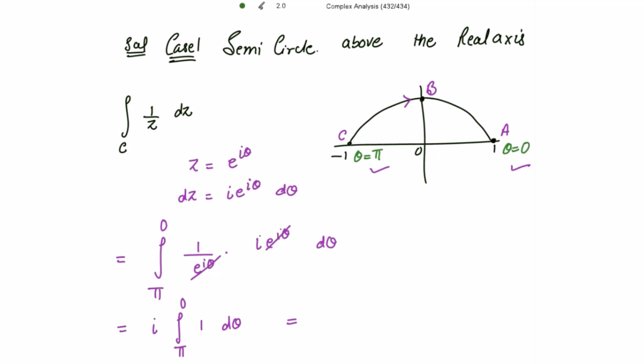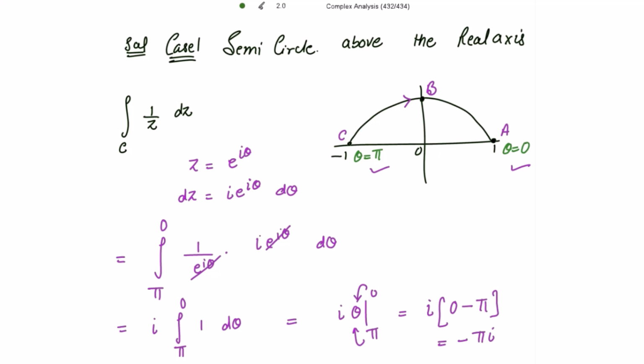Integrating 1 with respect to θ, we get θ. So this is i times θ, limits from π to 0. Putting the upper limit for θ, we get 0, minus putting the lower limit, we get π. So the answer is -πi if the semicircle is above the real axis.